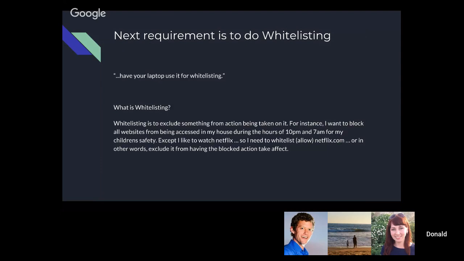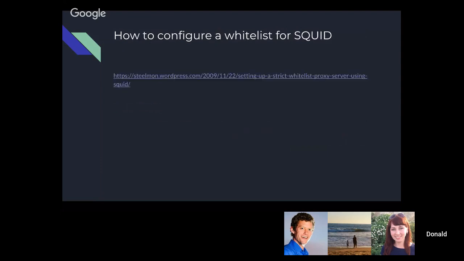And that is whitelisting, saying only these sites can work. So we went through this tutorial setting up a strict whitelist proxy server using Squid, and just went through how to configure a whitelist for Squid.